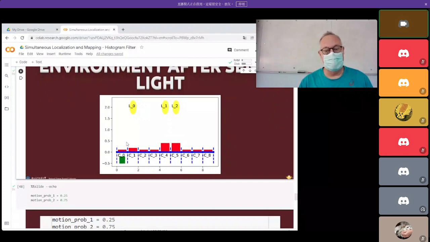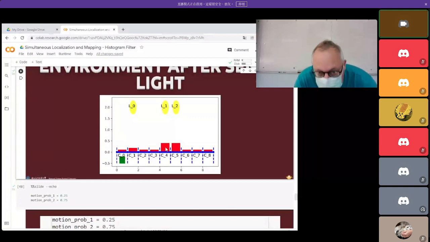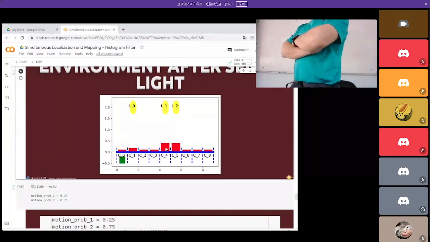The only thing I know is this red distribution over the state space. So as far as the robot is concerned, where does the robot think it is now? If you ask the robot, where are you? What would it return? What should it say?